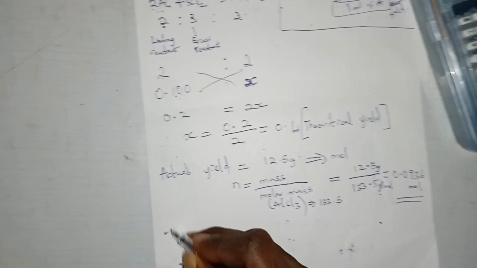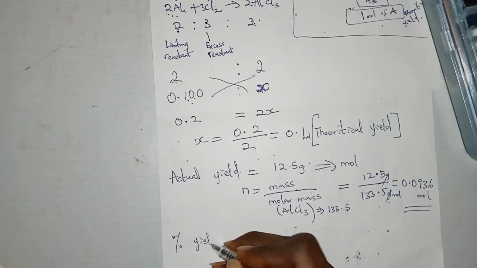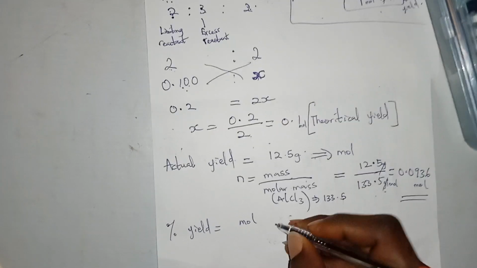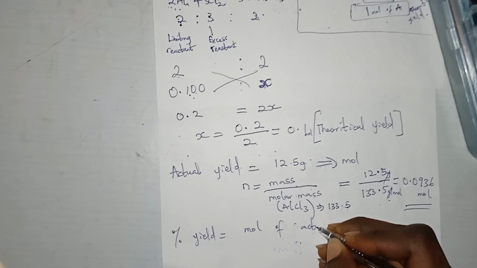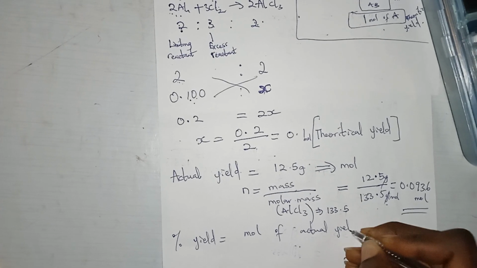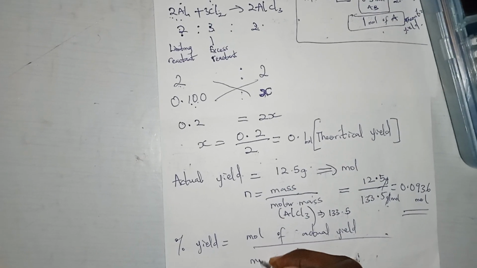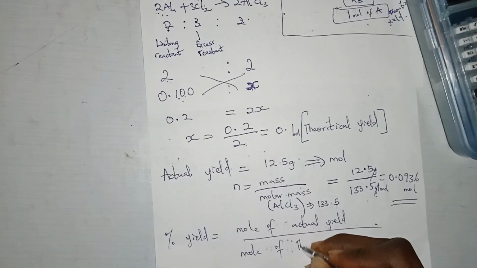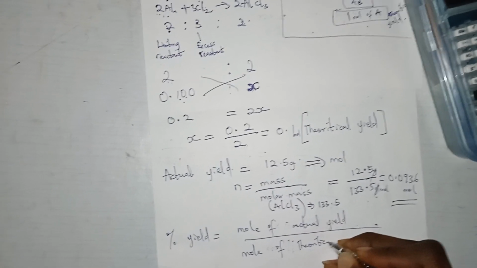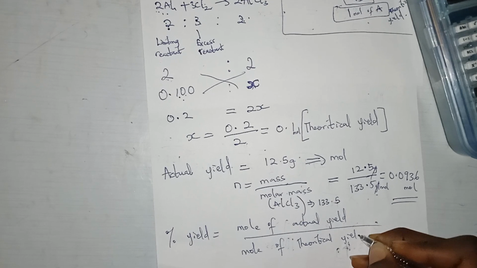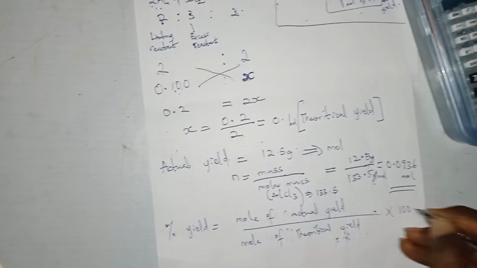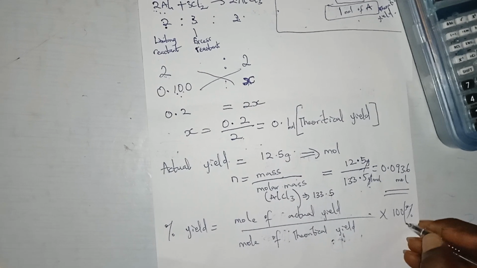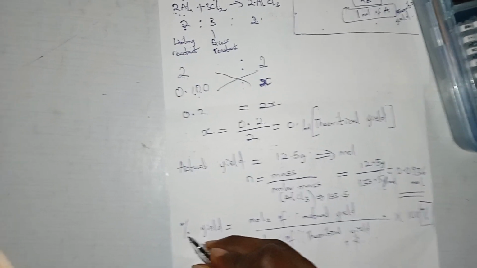So percentage yield now is equal to mole of actual yield all over mole of theoretical yield times 100. I don't want to put the percent sign because it's already in the percentage yield.